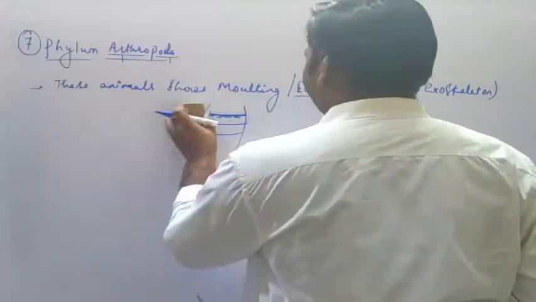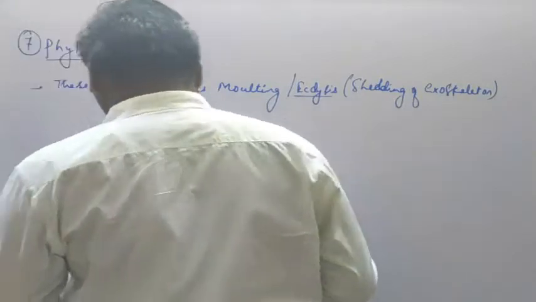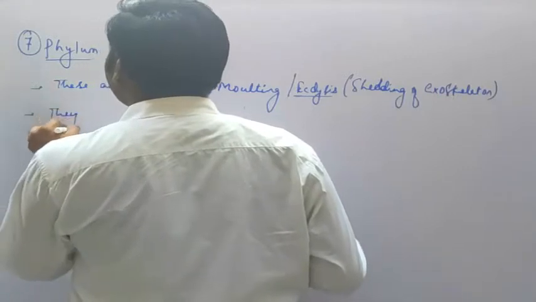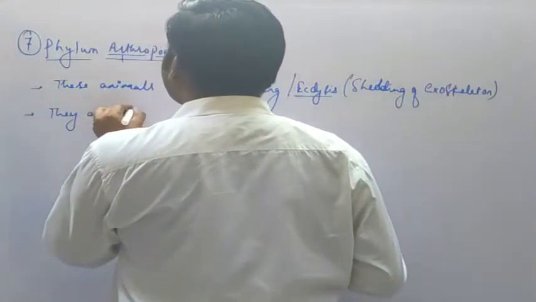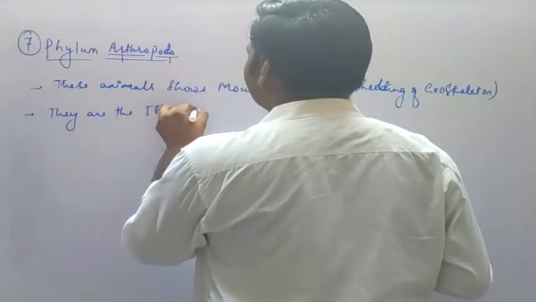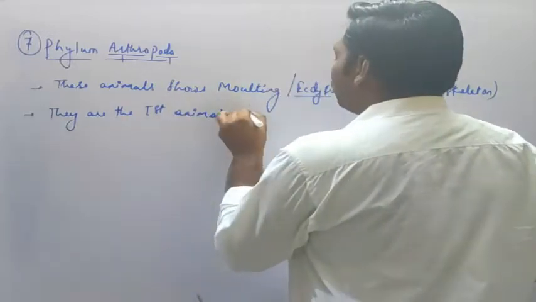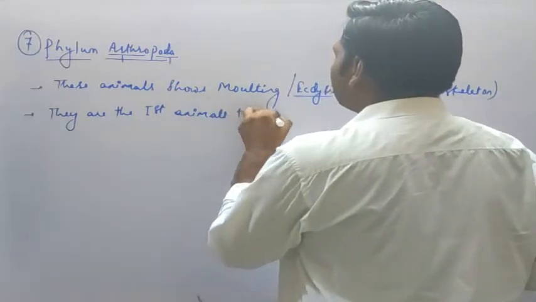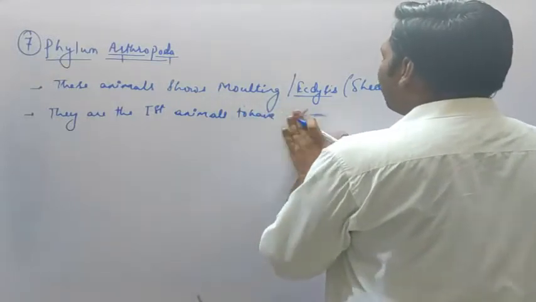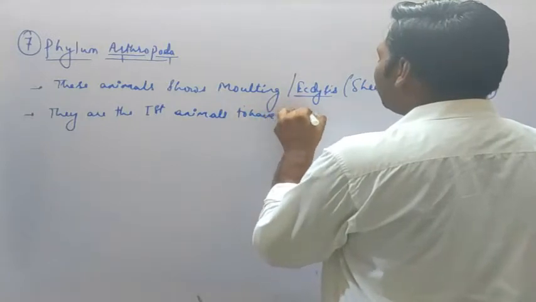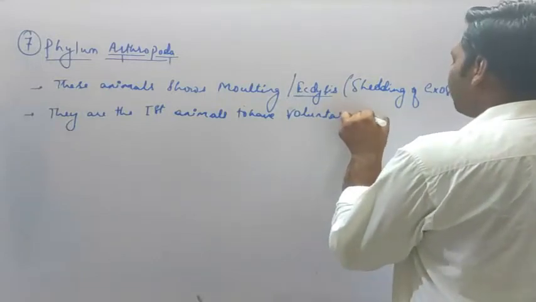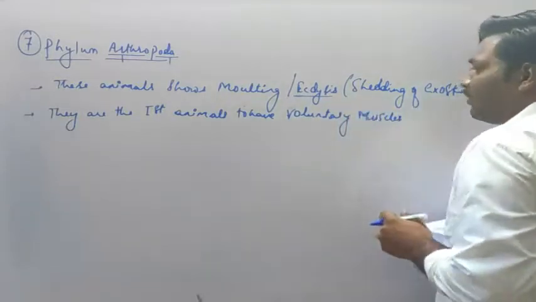Then next, they are the first animals to have voluntary muscles.